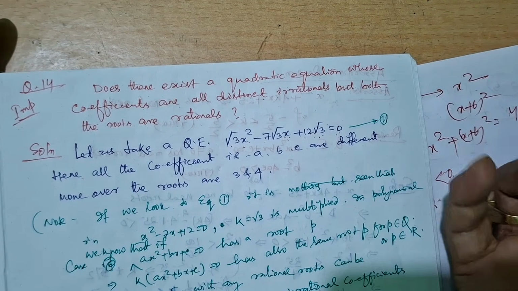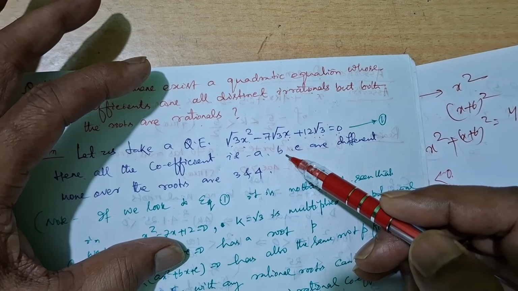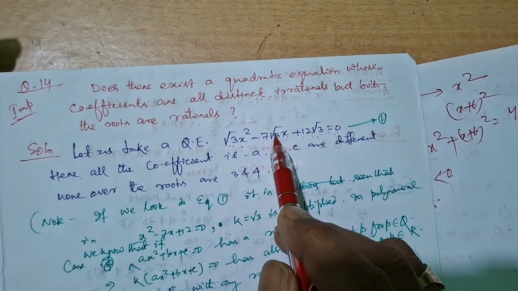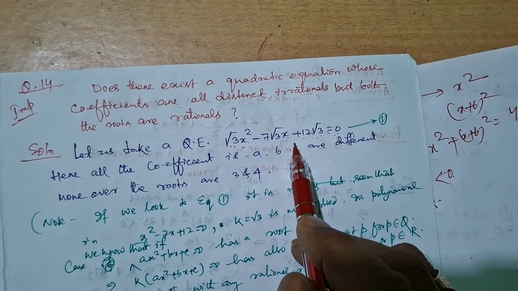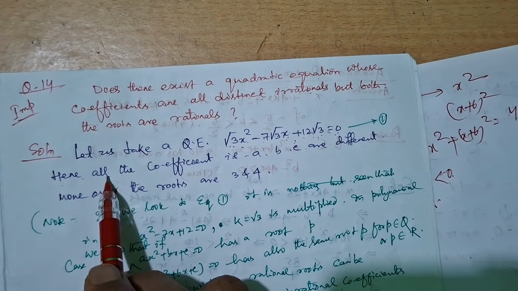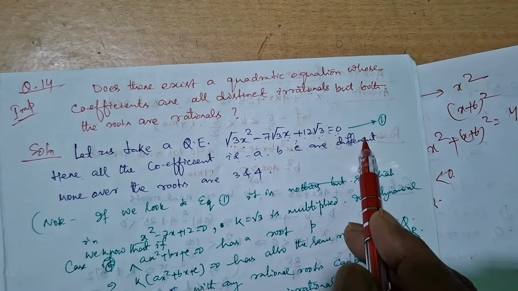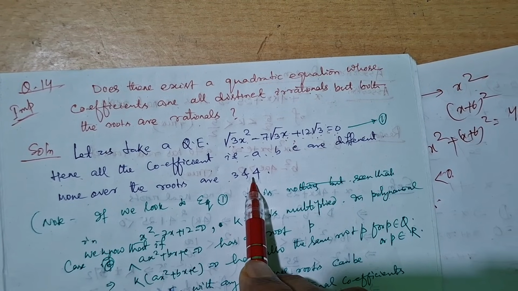So automatically the coefficients will be integers, no irrational numbers. But if the equation is written in the first form, the coefficients are irrational numbers. Here all the coefficients a, b, c are different. Moreover, the roots are 3 and 4.